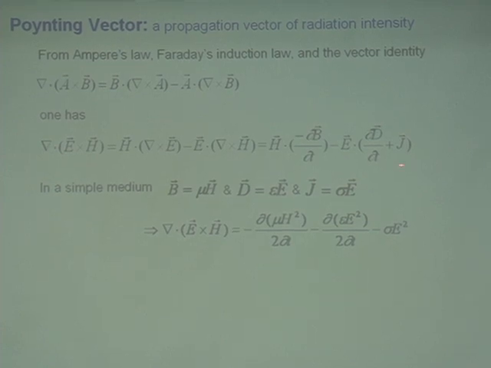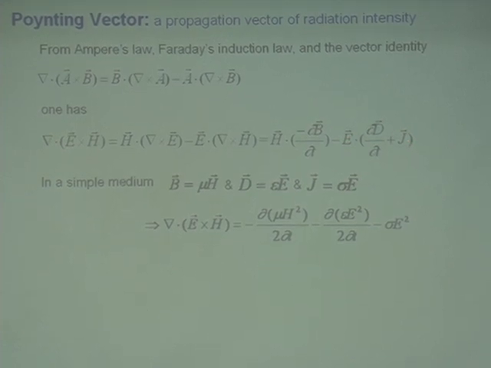So you understand that this E dot J is a power dissipated inside a piece of conductor, ohmic material. And this can be written into sigma E square integrate over volume. So you end up having this sigma E square.